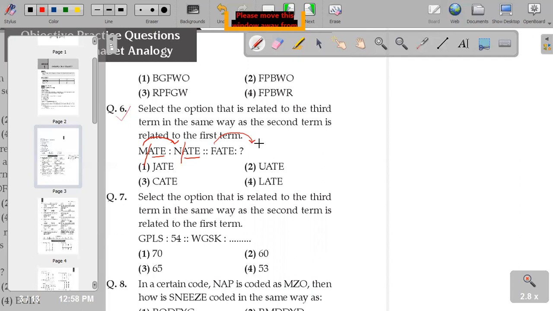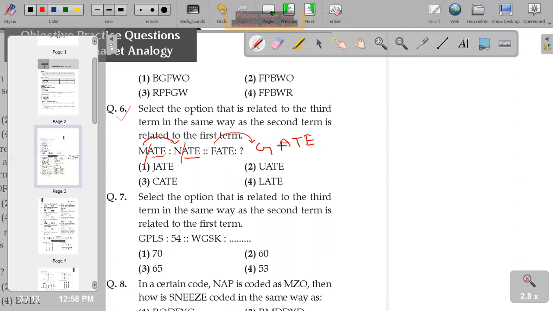F becomes E, M becomes N. So E, F, G, F becomes G. So again G, A, T, E. So the option will be gate.